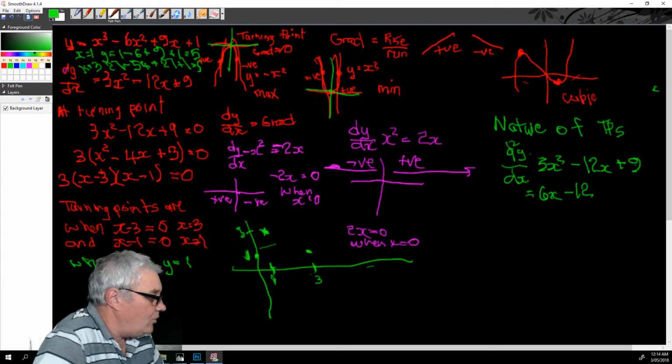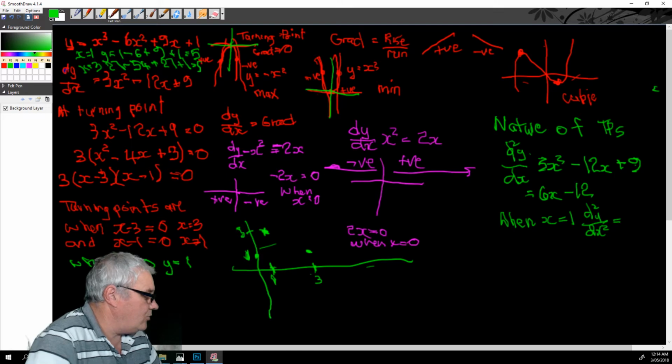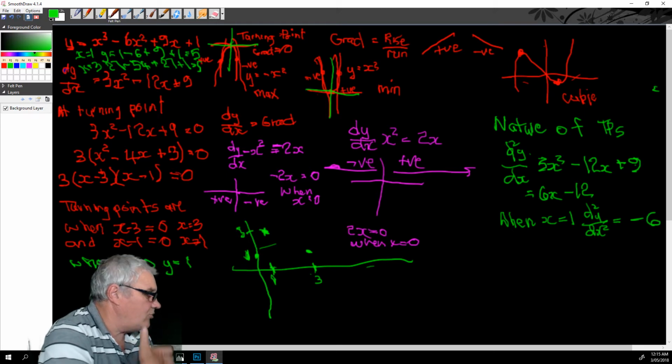Okay, so when x equals 1, d2y by dx squared equals 6 times 1 is 6, minus 12 is negative 6. So it's a negative.